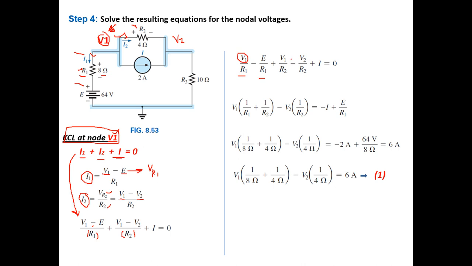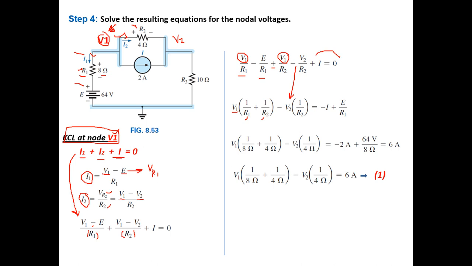So take a common factor here. I have V1 and I have here V1. So remaining is 1 over R1 plus 1 over R2. Then he took this one here down. He took out V2, so minus V2 remaining 1 over R2, equal to what?